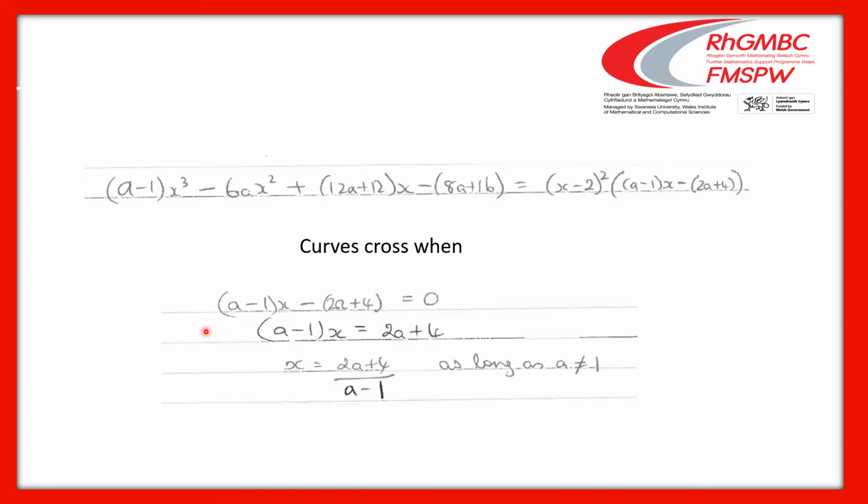So if we put this bracket equal to 0 and make x the subject of the formula, we get that x equals 2a plus 4 divided by a minus 1. So as long as a does not equal 1, then we can have an expression for the x coordinate of any other points where the curves cross.